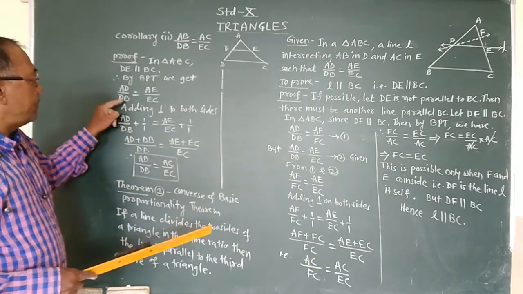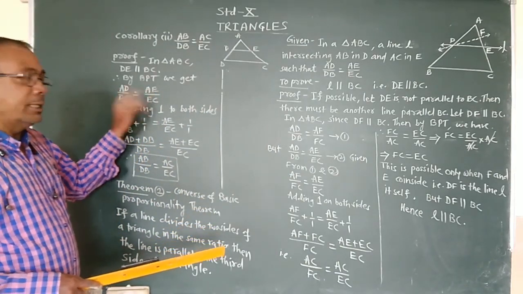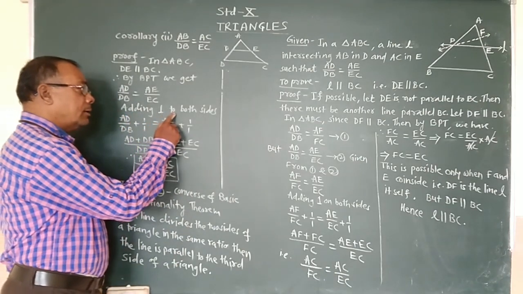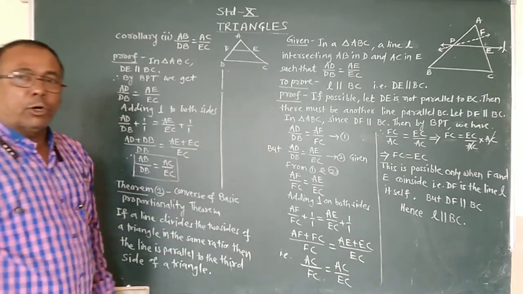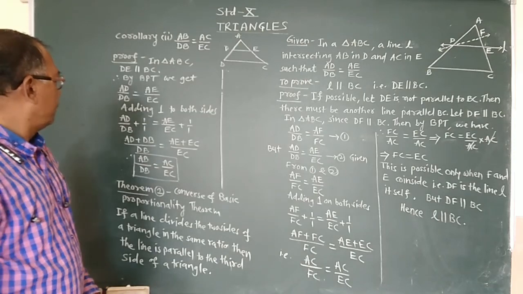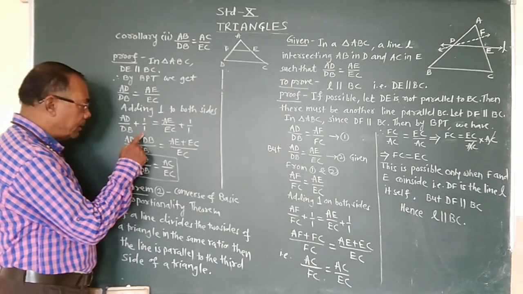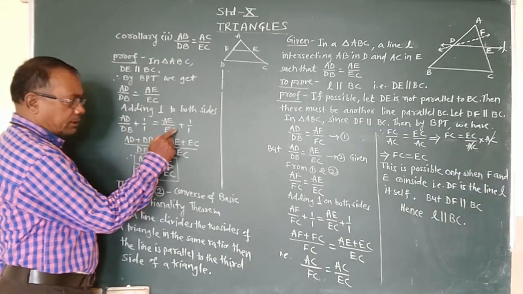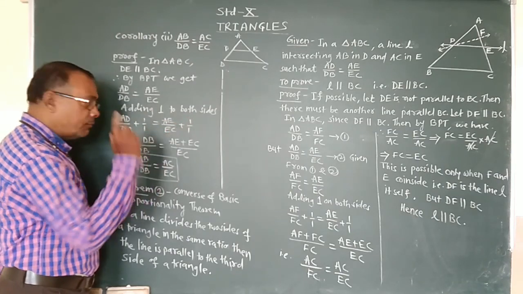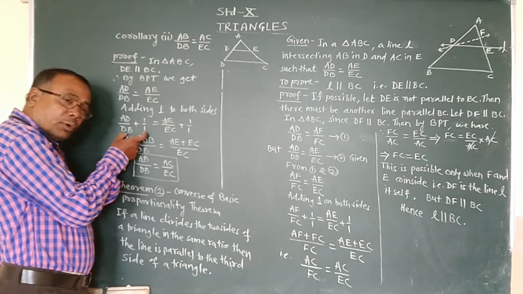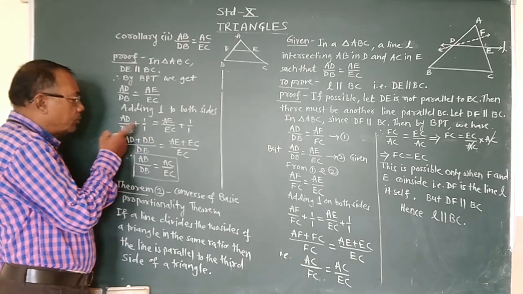Now adding 1 to both sides of the equation, we will get AD upon DB plus 1 upon 1 is equal to AE upon EC plus 1 upon 1. And now for the addition, the denominators are not the same, so we have to cross multiply.